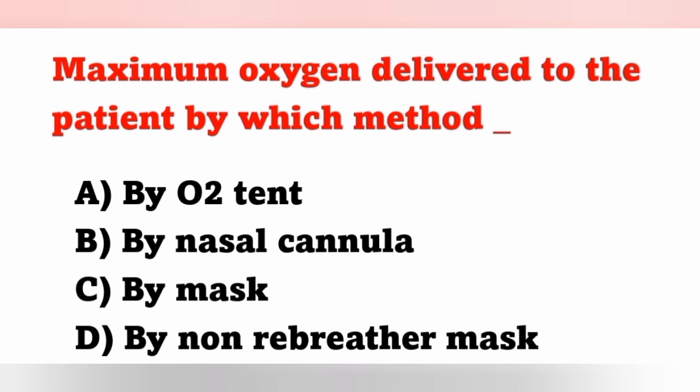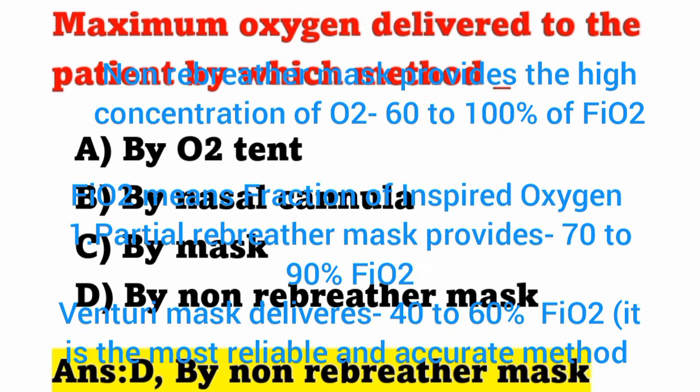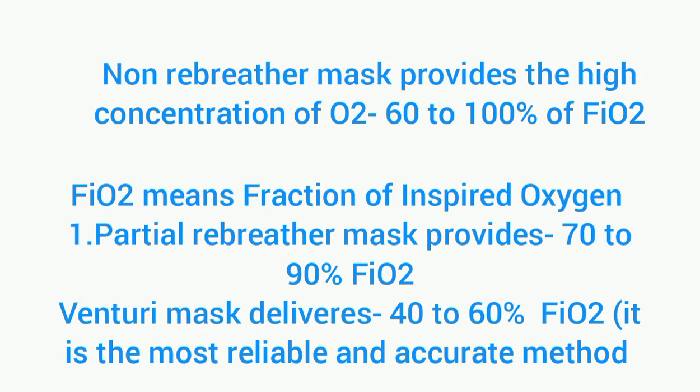And the next question: maximum oxygen is delivered to the patient by which method? Options: option A, by oxytent, option B, by nasal cannula, option C, by mask, option D, by non-rebreather mask. The correct answer is non-rebreather mask. Option D is the correct answer. A non-rebreather mask provides a high concentration of oxygen, about 60 to 100% FiO2. FiO2 means fraction of inspired oxygen.